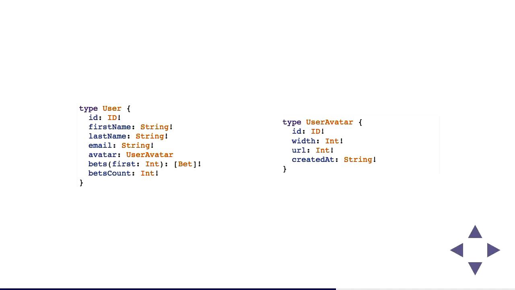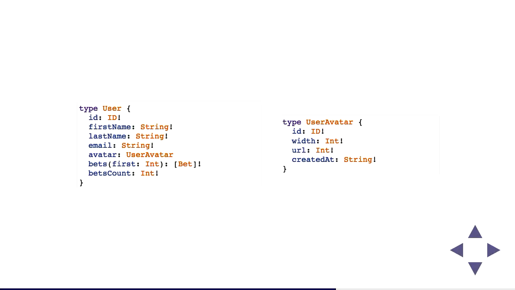And you can see that there are types, which, let's consider them to be our models. Types can reference each other. So we have a type user avatar, which is then used as a return value in a type user. So the first name, for example, will be the name of the field, and the string is what GraphQL expects our API to return.